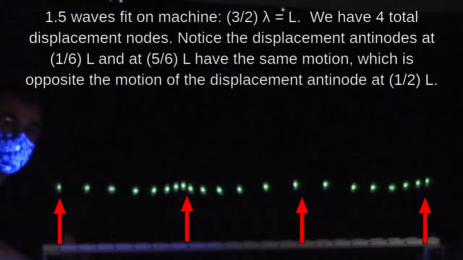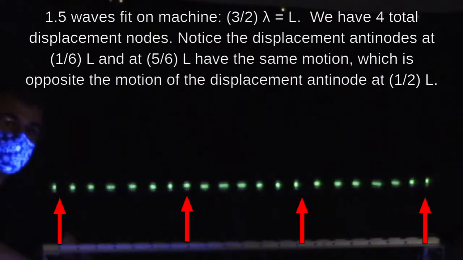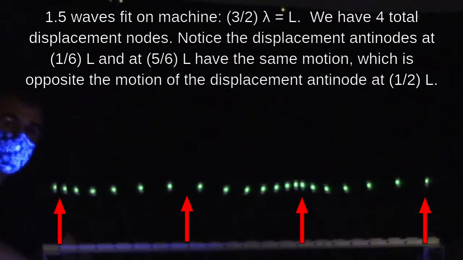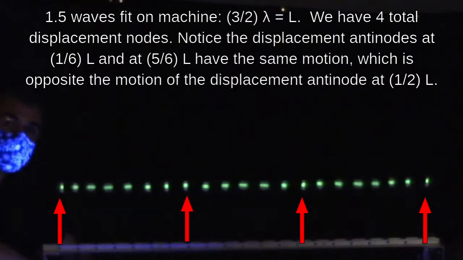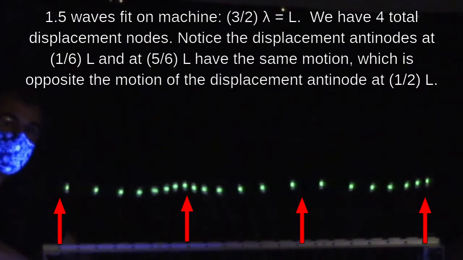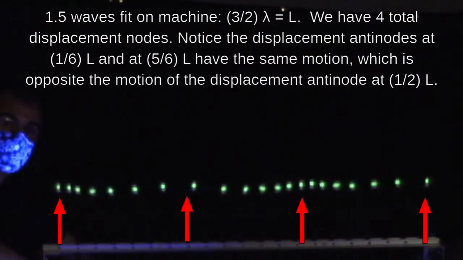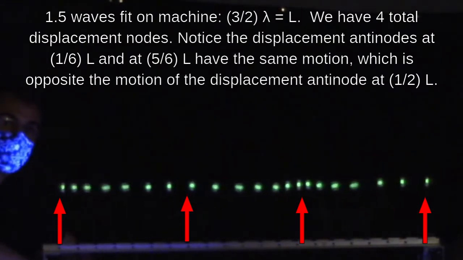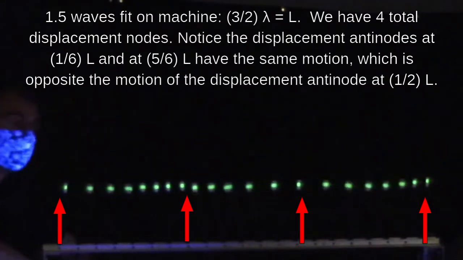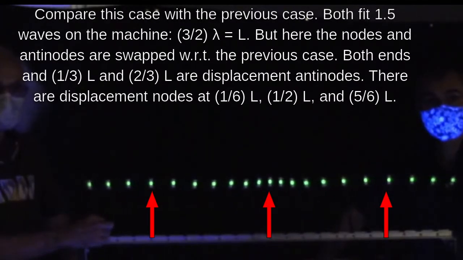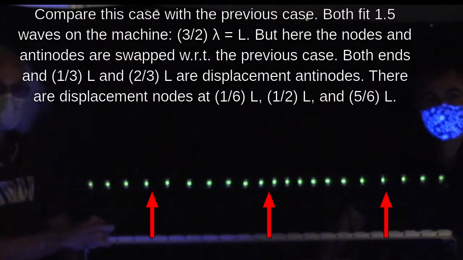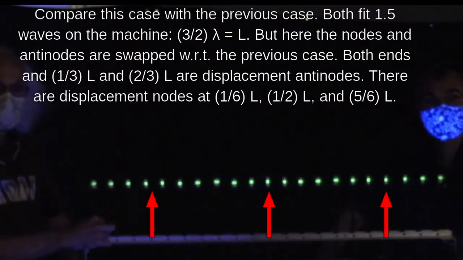That's pretty decent. So you can see, in addition to the ends, we have two nodes, kind of at the 1/3 and 2/3 points. We got antinodes at both ends.